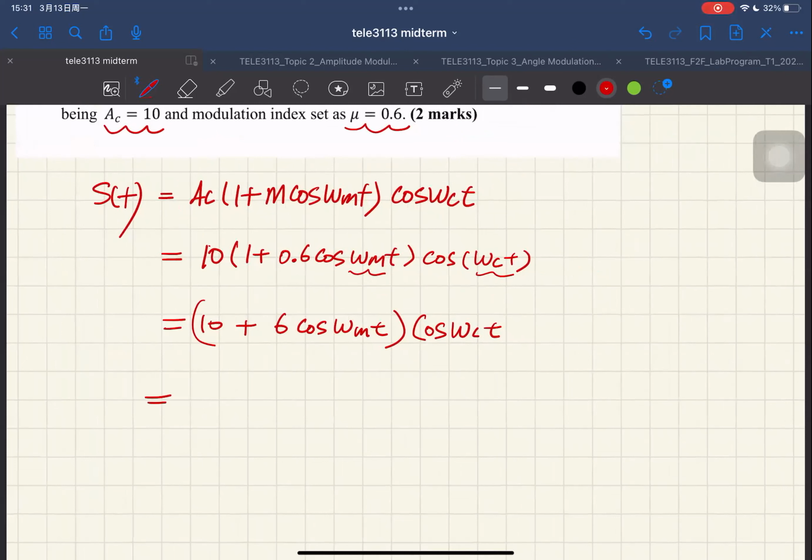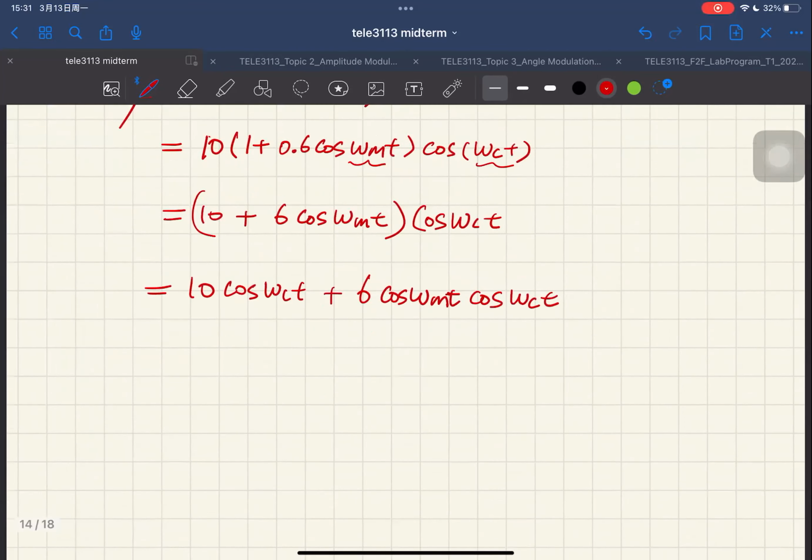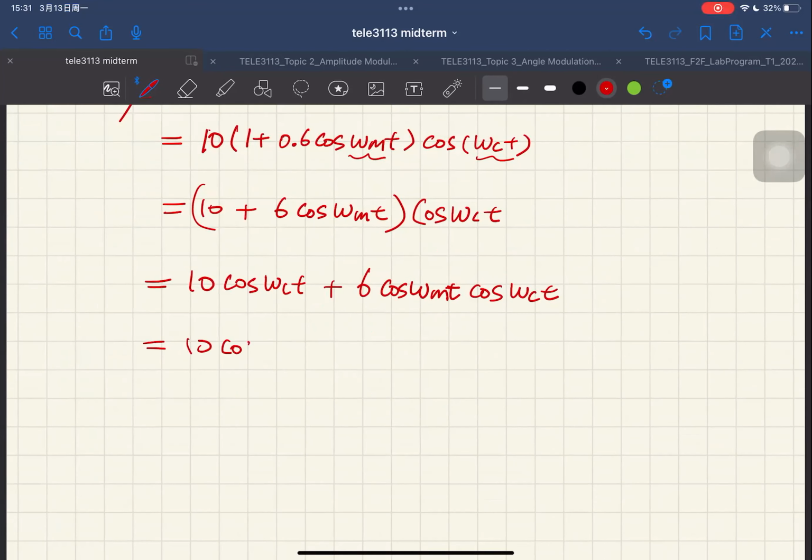Then we apply the trig identity, which gives 3 cos(ω_m + ω_c)t plus 3 cos(ω_m − ω_c)t.